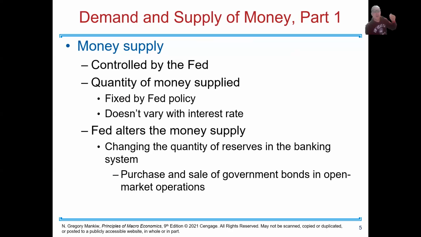The Federal Reserve oftentimes changes the money supply in circulation and within the reserve banking system through the purchase and sale of government bonds in open market operations.